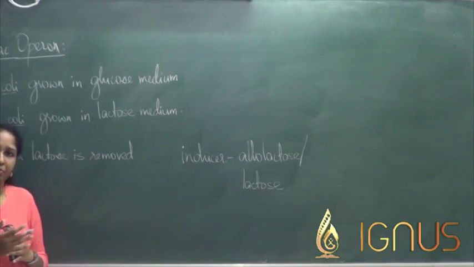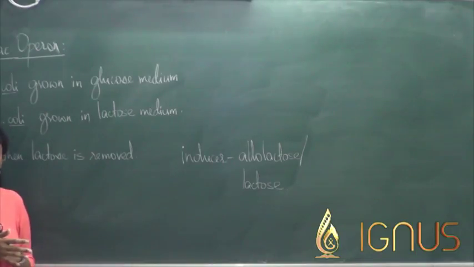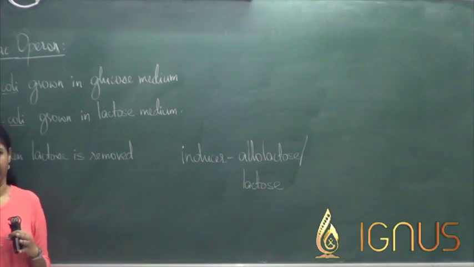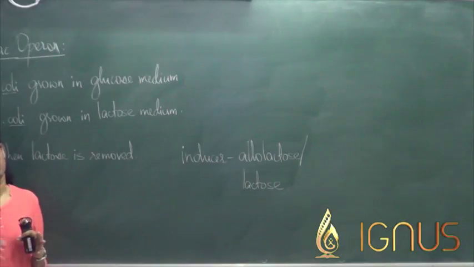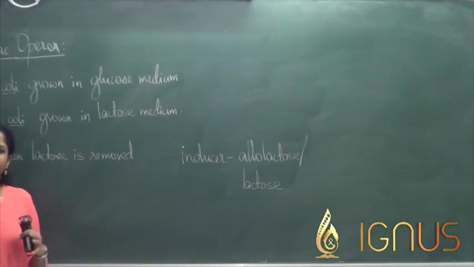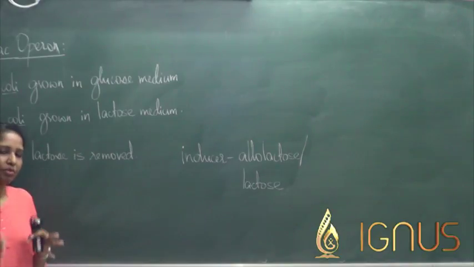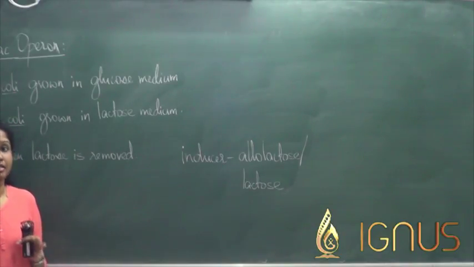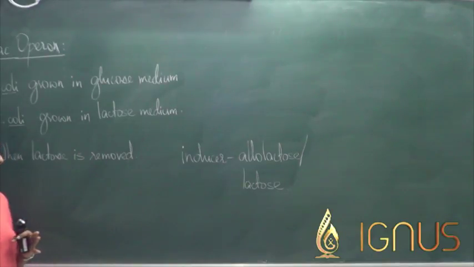First the permease is going to allow lactose to come inside, and then beta galactosidase is going to break down the lactose molecule to one molecule of glucose and one molecule of galactose, which can be used as an energy source by the cell itself to grow and divide, which is going to occur afterwards. But there will be a short interval of time when the cells are not going to grow initially, when they are being shifted onto a lactose containing medium.